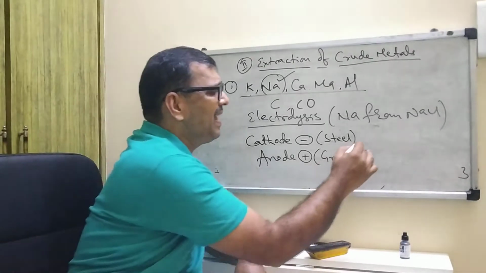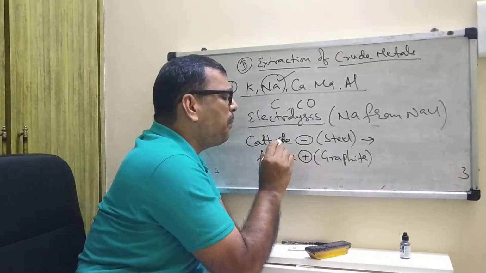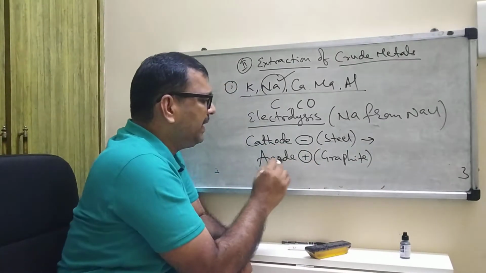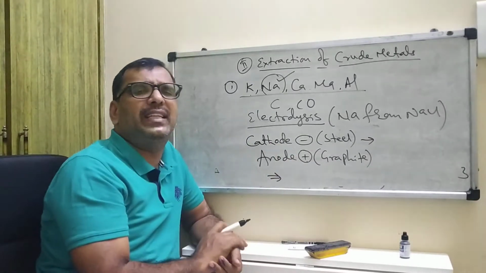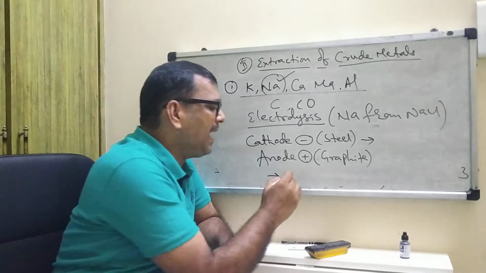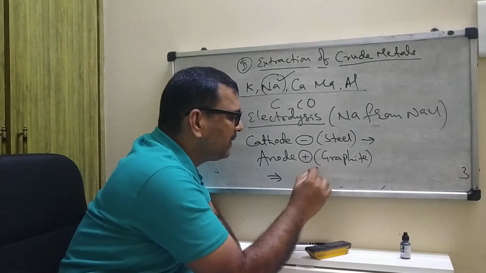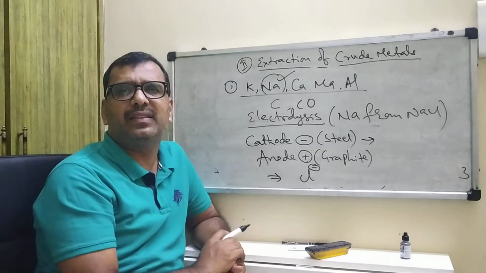The anode is positively charged and the cathode is negative. The positively charged anode attracts Cl minus ions. Why?